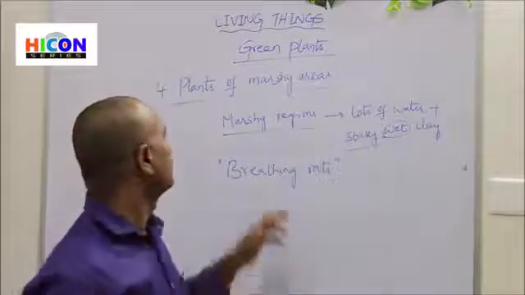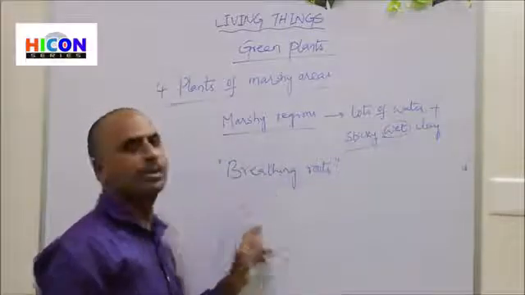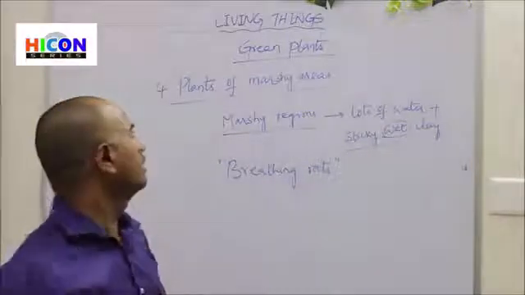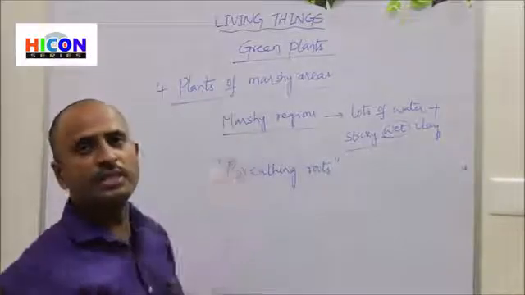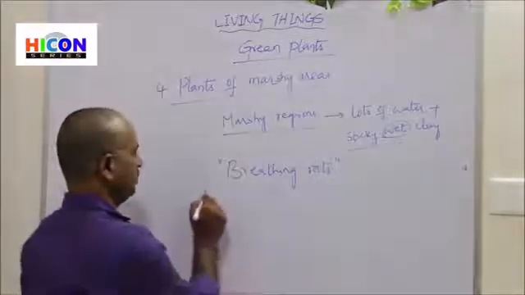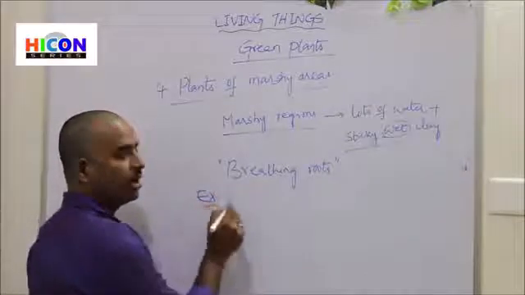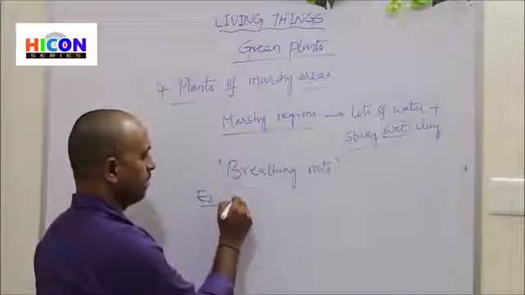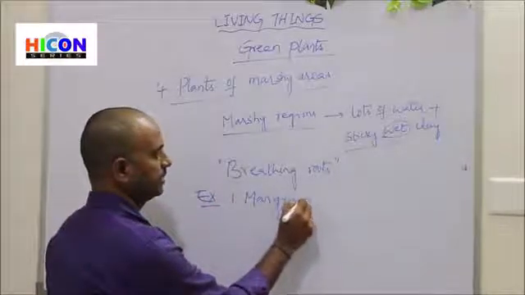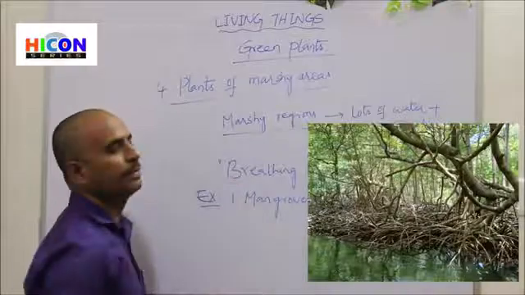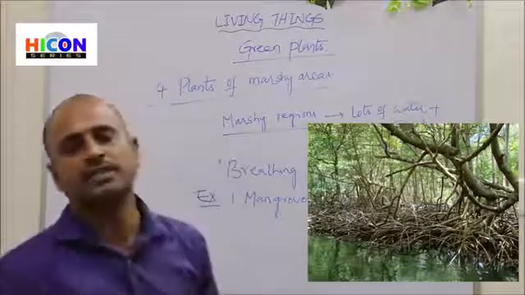So that's why these roots are called breathing roots. And the example for the plants which grow in marshy areas are mangroves. So these are the examples for the plants which grow in marshy areas.